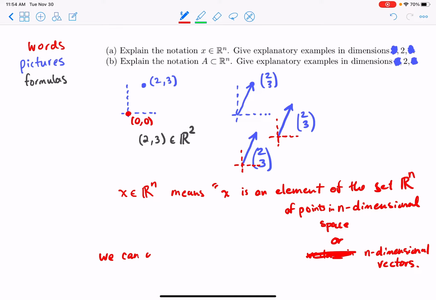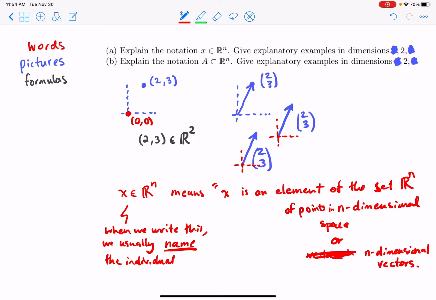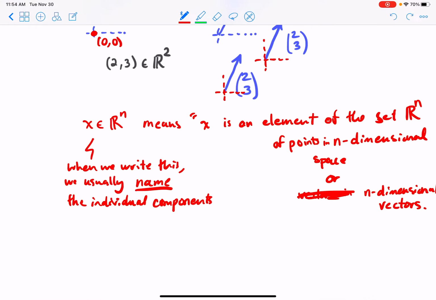Now I might add more words. When we write this, we usually name the individual components, or numbers, like this.